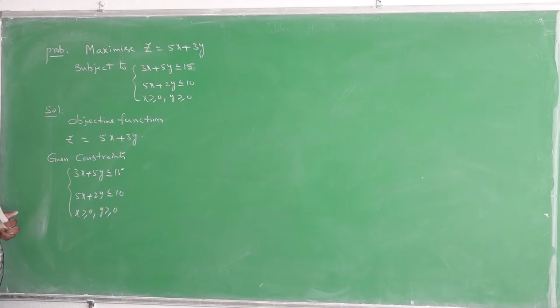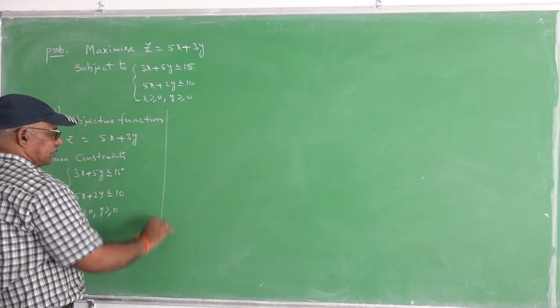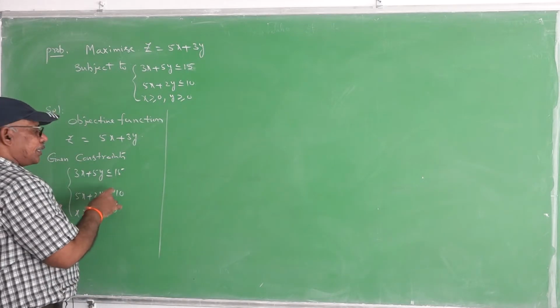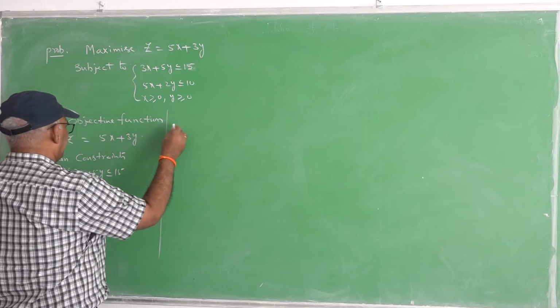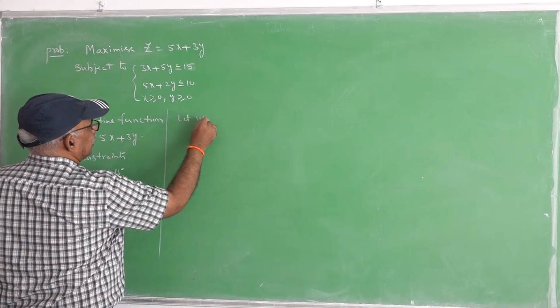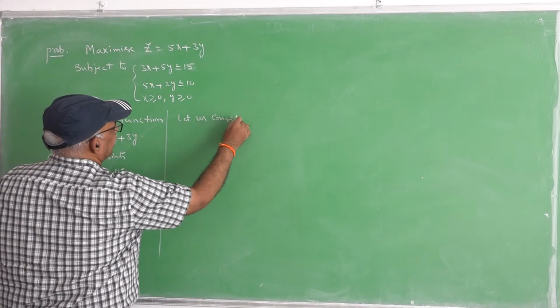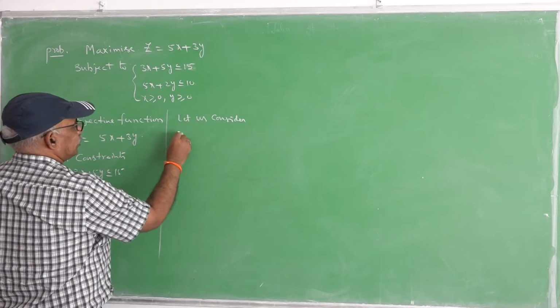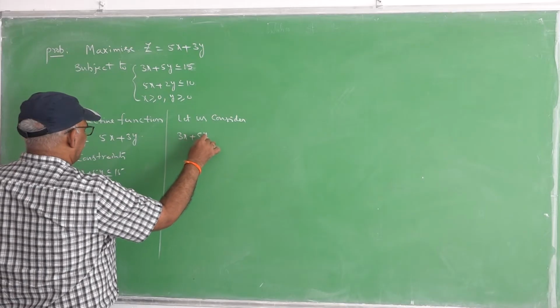Now let us take equalities instead of inequalities here. Let us consider 3x plus 5y equal to 15.